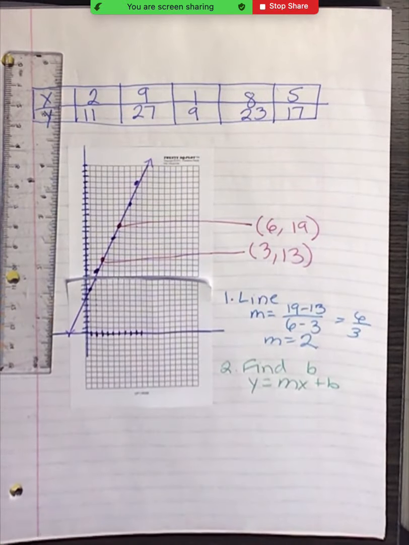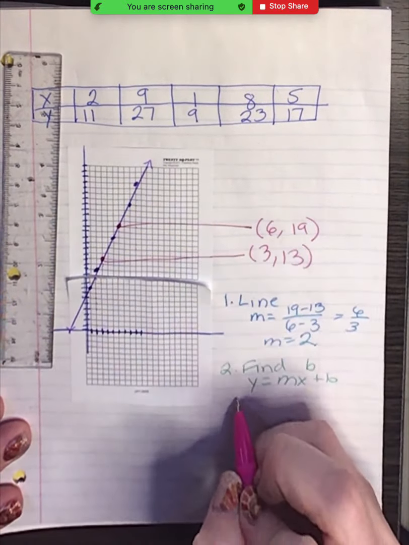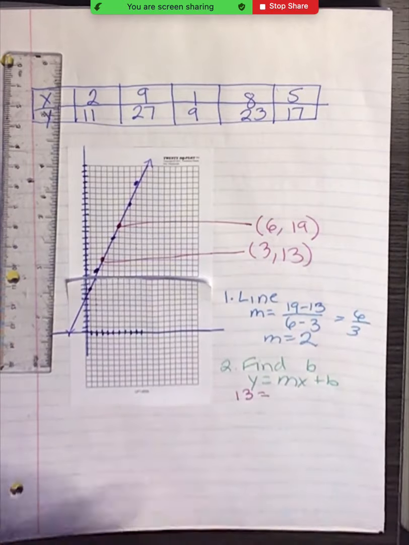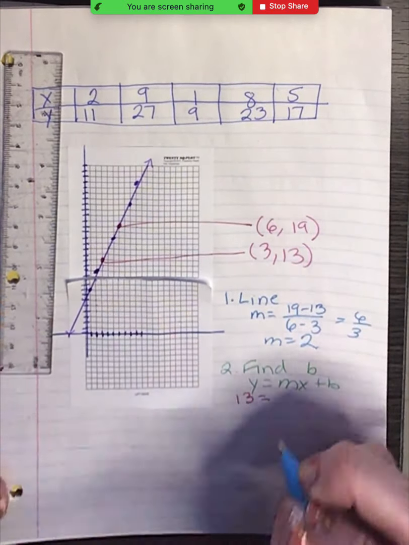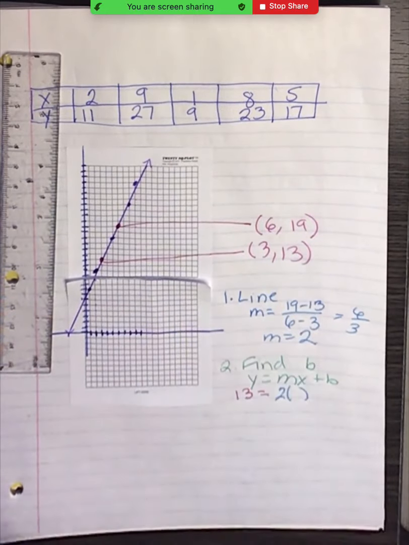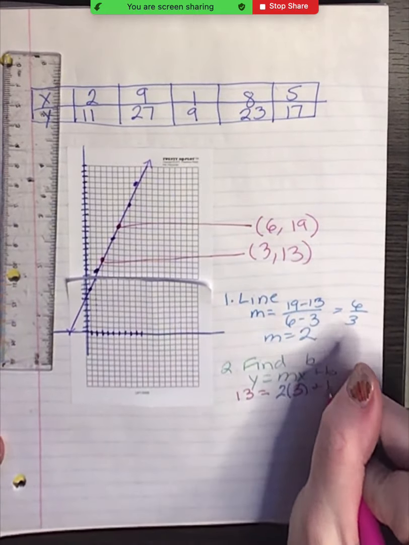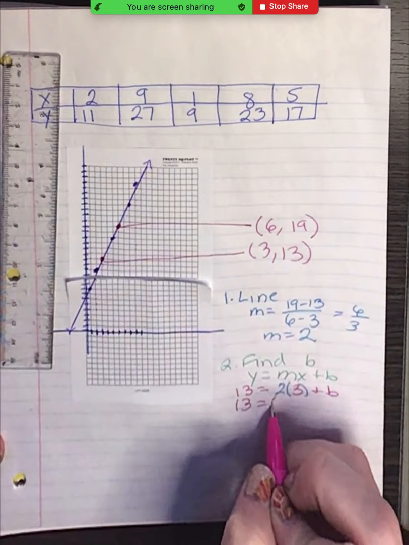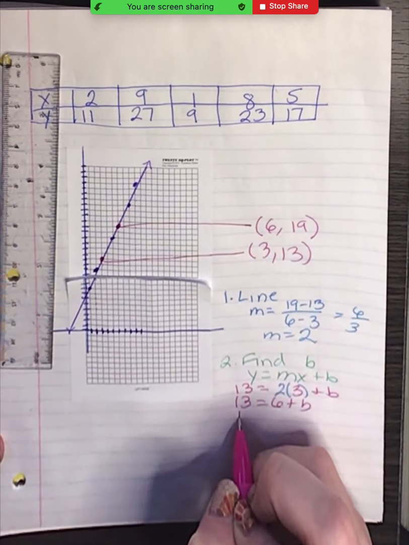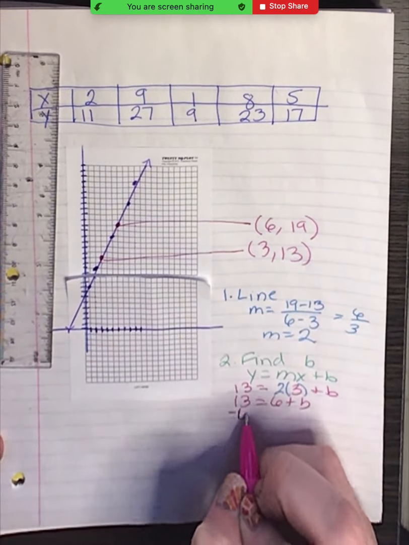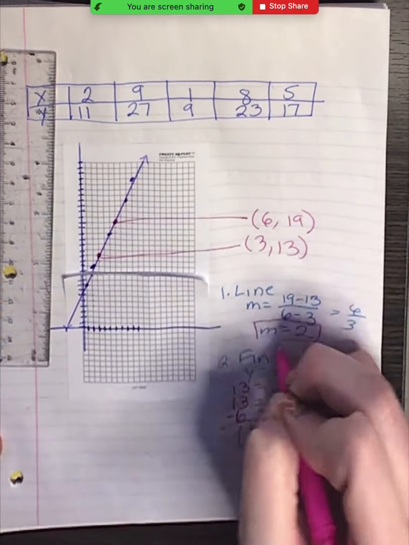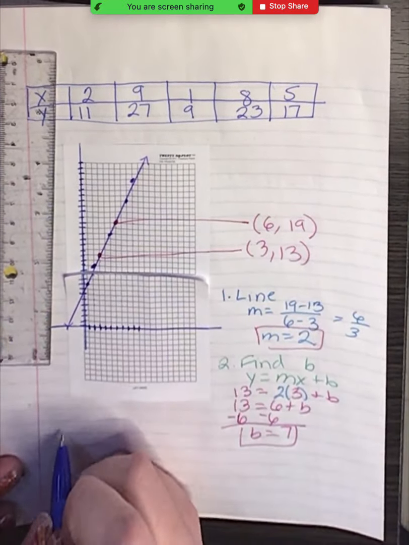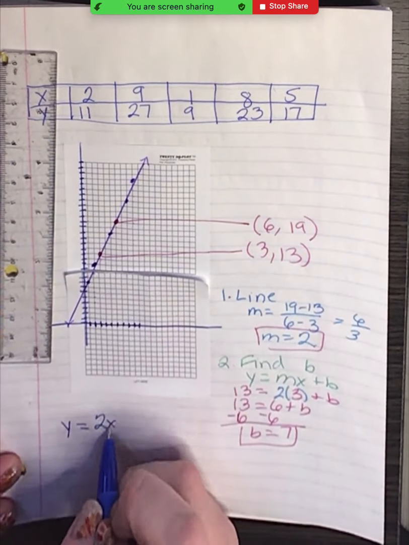I'm going to use one of my points. Let's do 3, 13. So 13 equals the slope times the x value of 3 plus b. Then subtract 6 from both sides, and we get b is 7. So I have my slope and my intercept. My equation is y equals 2x plus 7.